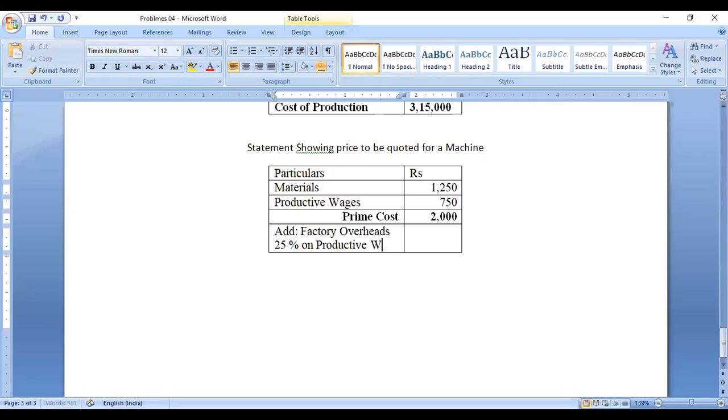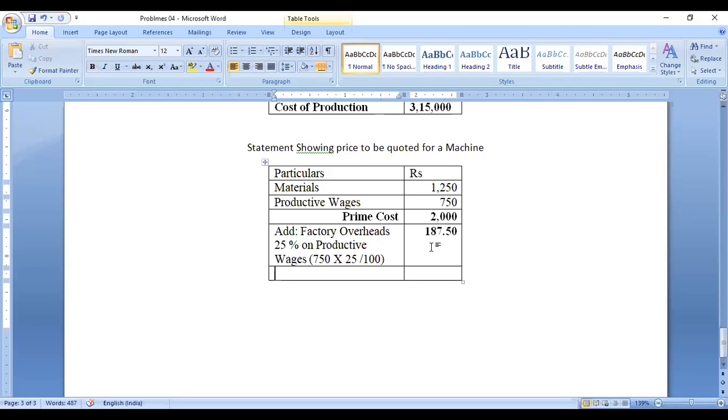So what is the productive wages? Productive wages 750 into 25 percentage, 25 divided by 100. The 25 percentage is estimated on the basis of the previous information. So that value is 187.50. That factory overhead is calculated.